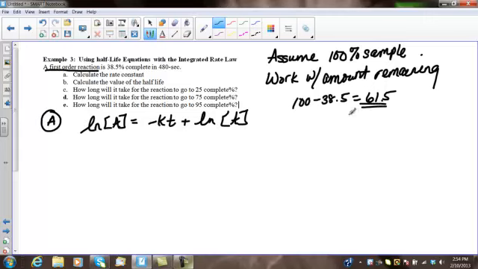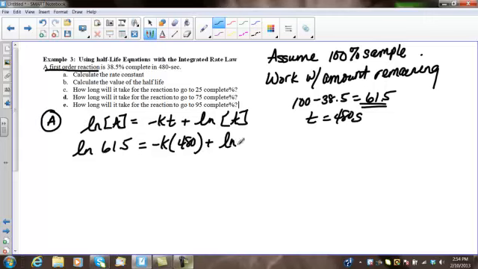So this is what we're working with, and we know that time is equal to 480 seconds. So ln of 61.5 is equal to negative k times 480 seconds plus ln of A initial, which would be, we started with 100, so ln of 100. So ln of 61.5 is 4.12 equals negative 480k plus ln of 100 is 4.61.